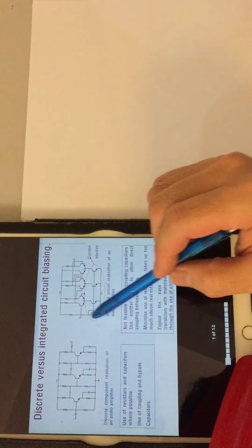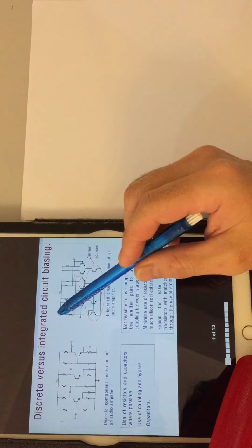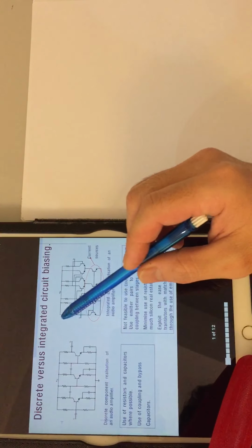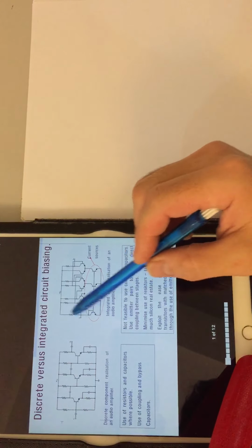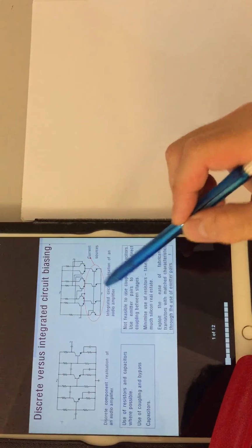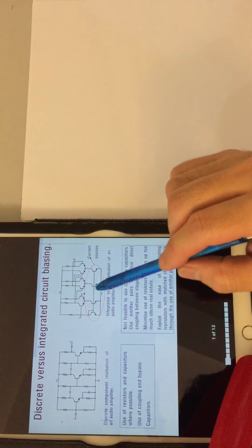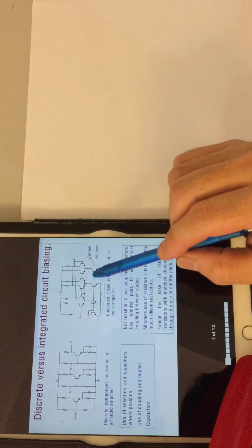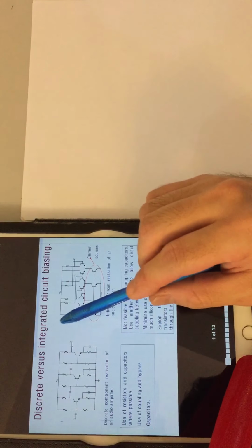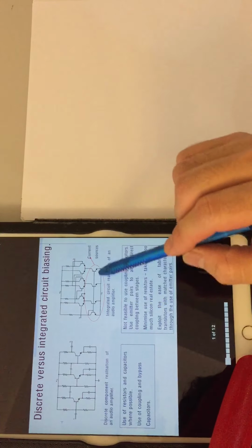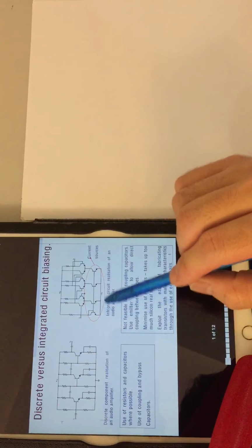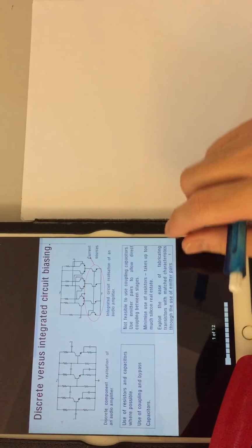This circuit generates a stable DC current, which we call I reference in the circuit. And then the other three transistors will generate the mirror of the stable DC current. So this is called the current sources circuits.